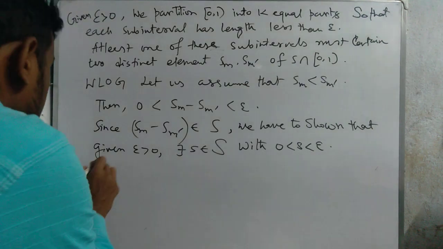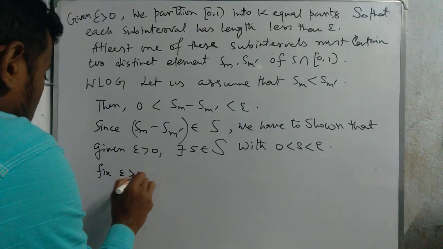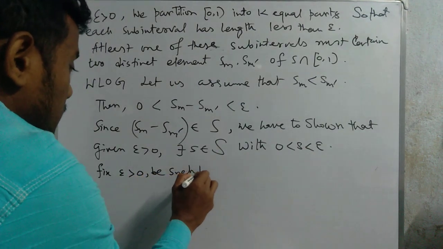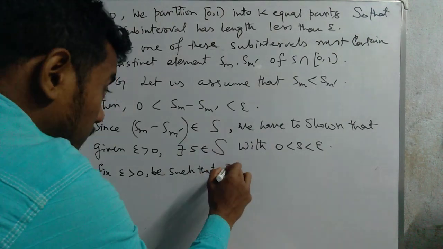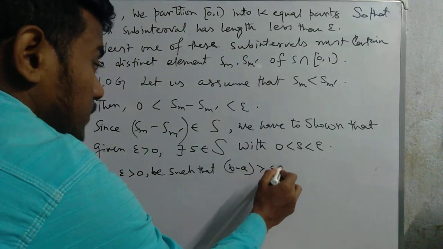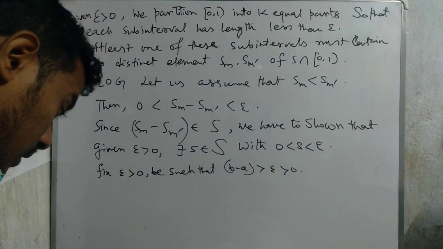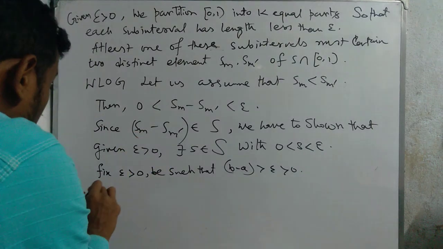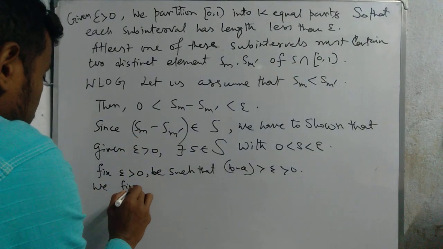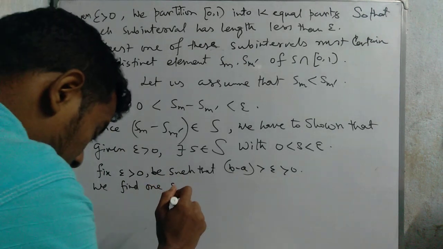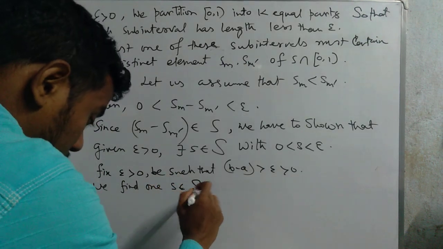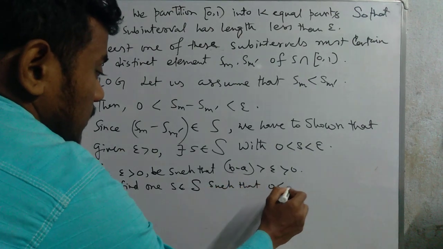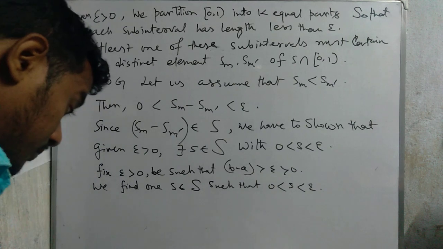Now fix epsilon greater than 0 such that b minus a is greater than epsilon greater than 0. Now we can find one s belonging to S such that 0 is less than s less than epsilon.